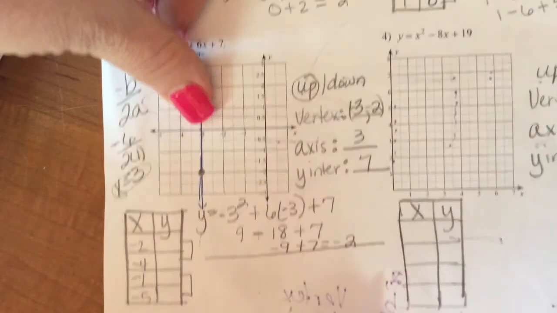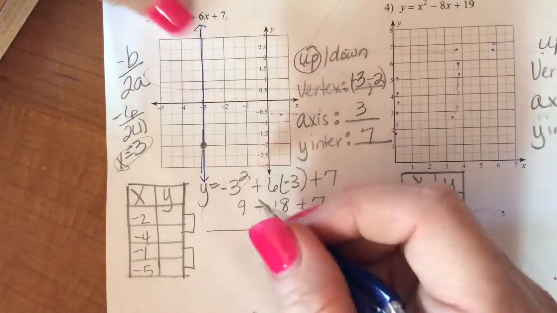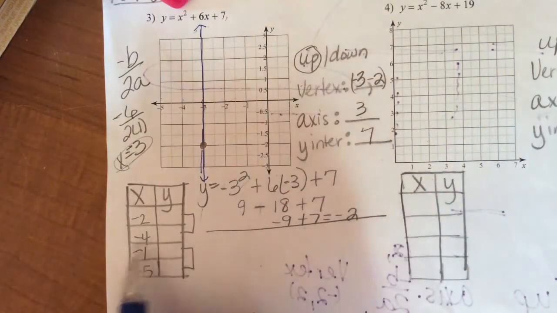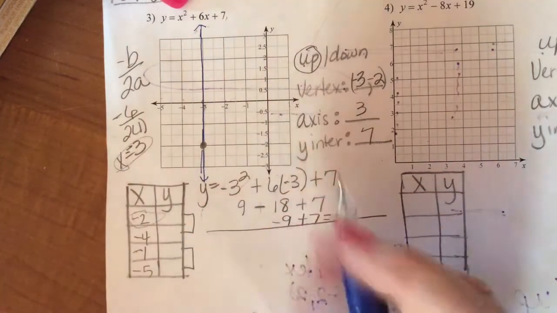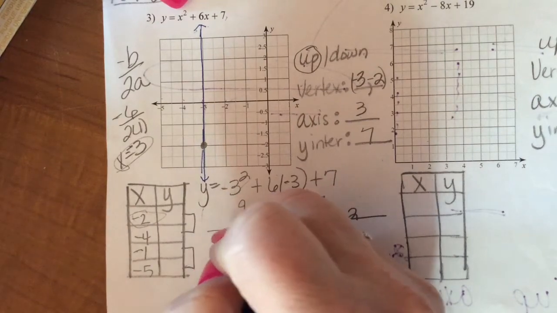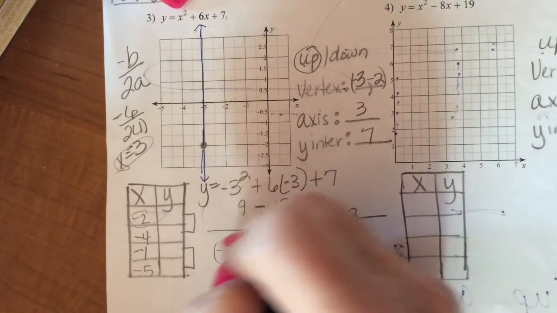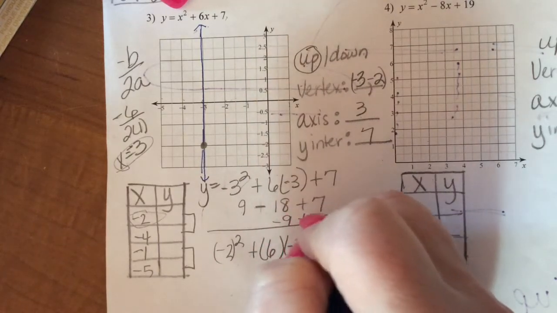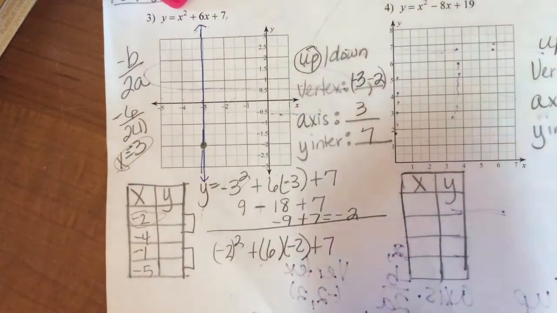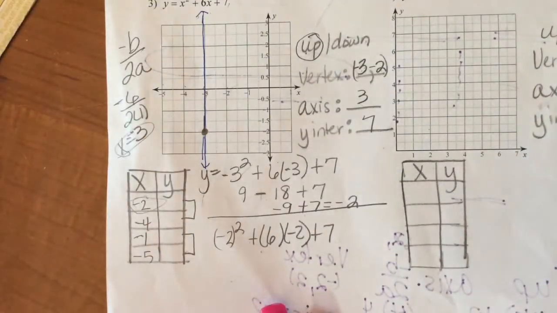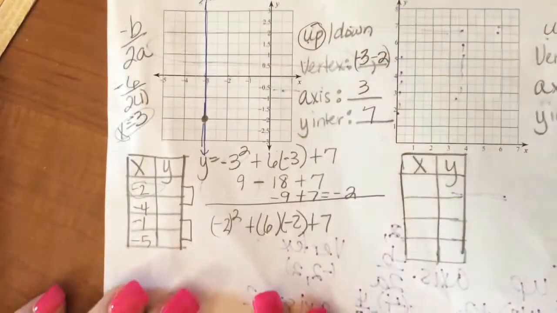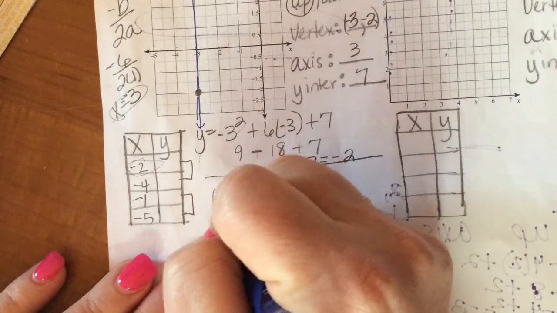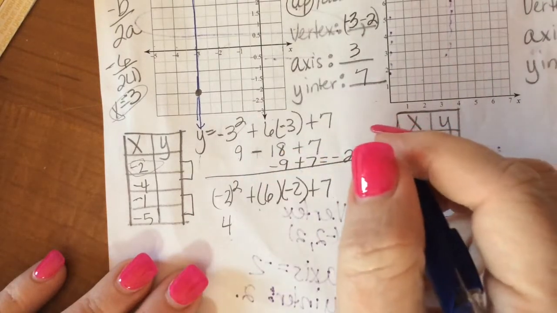Once again, I'm just going to plug into the equation. So it's x squared. This time, I'm going to go with the 2 because it's a smaller number. So negative 2 squared plus 6 times the negative 2 plus 7. So negative 2 squared would be a positive 4 because negative 2 times a negative 2.